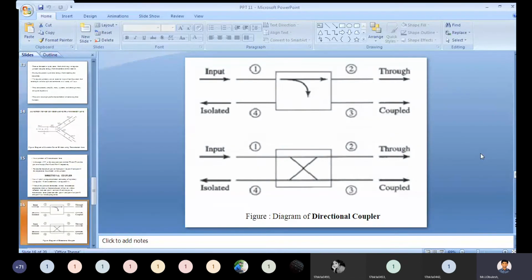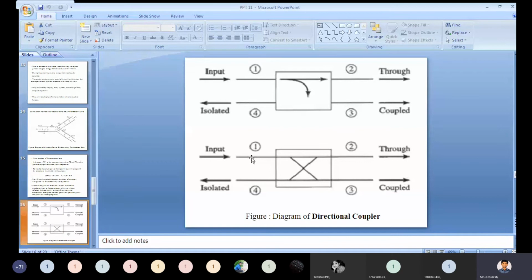So no power transmission takes place between port 1 and port 3 or port 2 and port 4. There is no power transmission between port 2 and port 3, or port 2 and port 4. This means that the characteristic of a directional coupler is expressed in terms of its coupling factor.